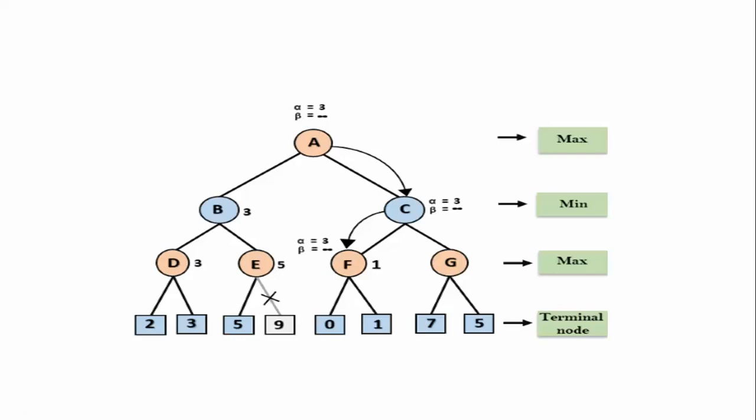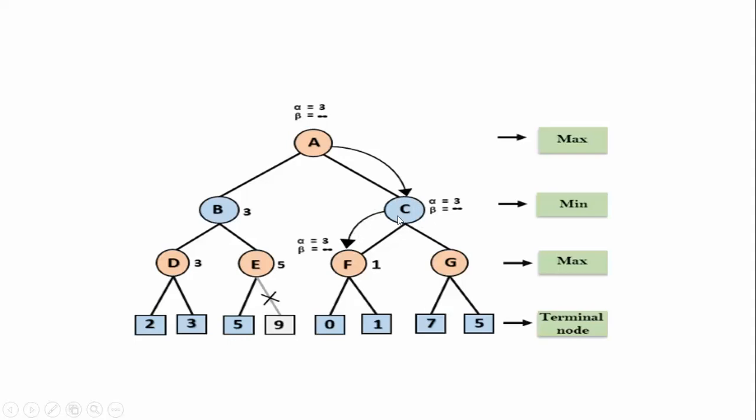What is the rule of copying? From parent node to the child node, if I perform copy, I can copy the alpha value and beta value to the child nodes. What is the alpha value here? 3. What is the beta value here? Infinity.